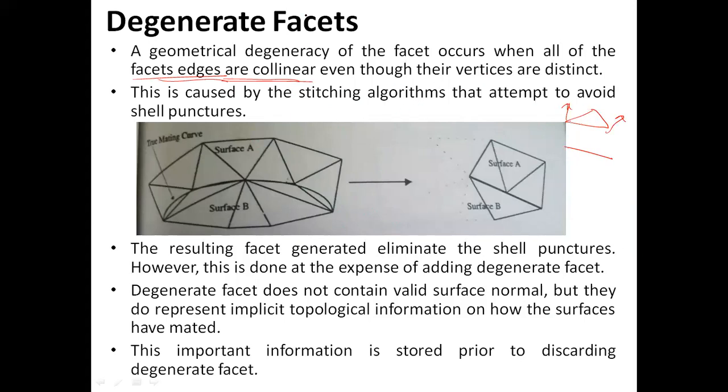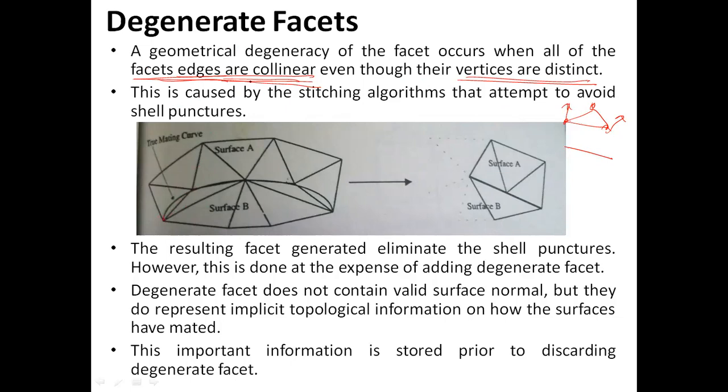A geometrical degeneracy of the facet occurs when all the facet edges are collinear, even though their vertices are distinct. The vertices still have a unique position, but they have changed their location. As a result, they have become a straight line.